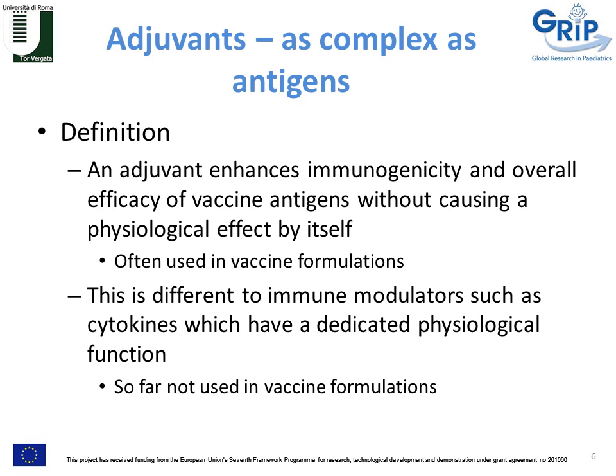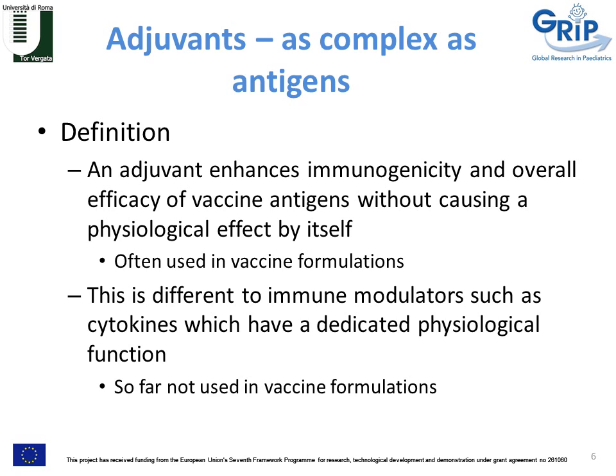There's another group of immune enhancing substances, and these are the immune modulators, which are different to adjuvanting systems because such immune modulators like cytokines, for example, they do have an own physiological effect even without the antigen.